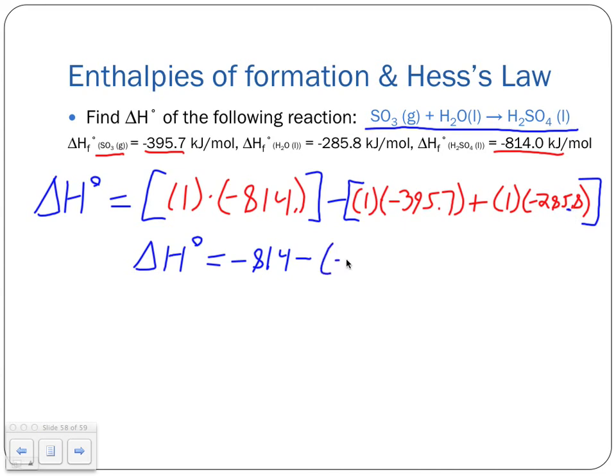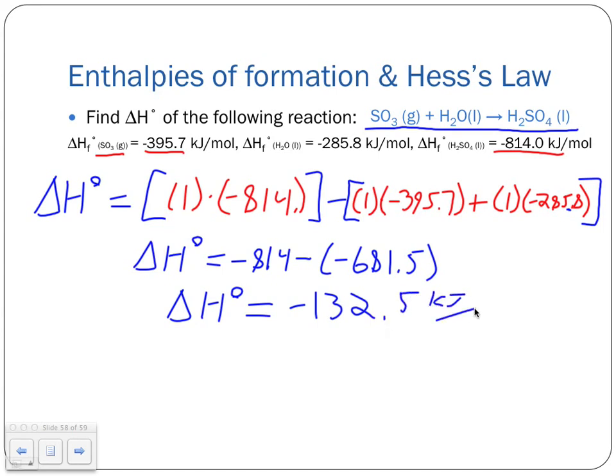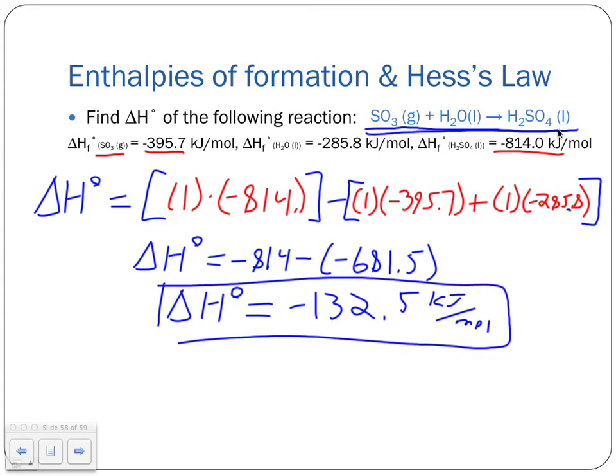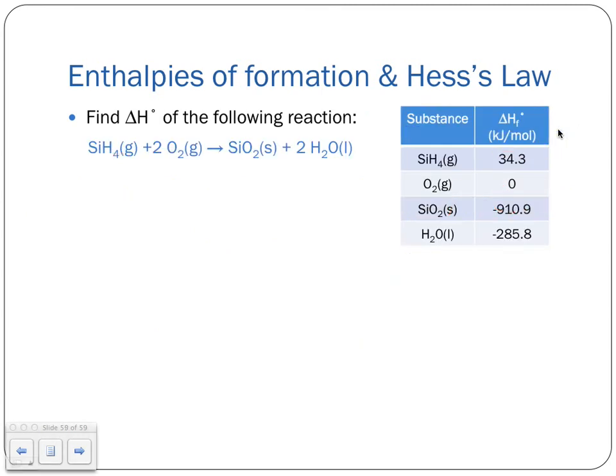So minus negative 681.5. And so once again, we're subtracting a negative, and so it's going to give us a positive. So if we do negative 814 plus 681.5, we end up getting negative 132.5 kilojoules per mole, and that is going to be our enthalpy change, our heat of reaction for this particular reaction right here.